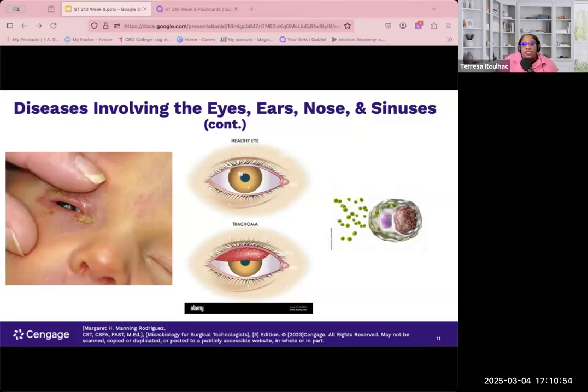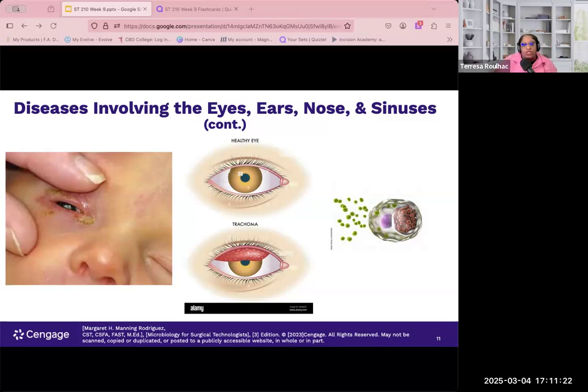There's also chlamydia conjunctivitis, which can again be transmitted during passage through the birth canal. It can also occur in adults exposed to unchlorinated pool water, just so you know. And it is treated with antibiotic eye ointment. We have trachoma, and this is caused by chlamydia. This one leads to blindness due to the scarring of the eye surface.